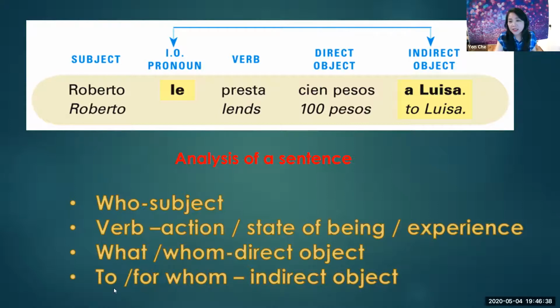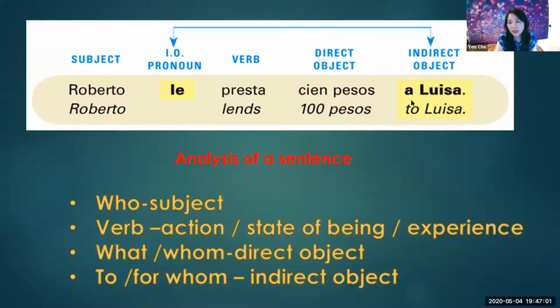And right here it says the to whom or for whom of the sentence is the indirect object noun. Okay, it's the indirect object of the sentence. The indirect object is the answer to the to whom or for whom the action is being done.